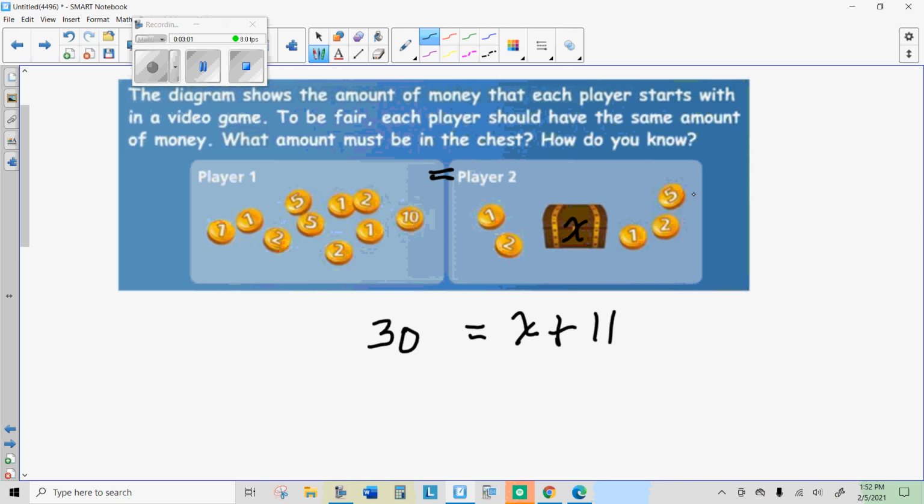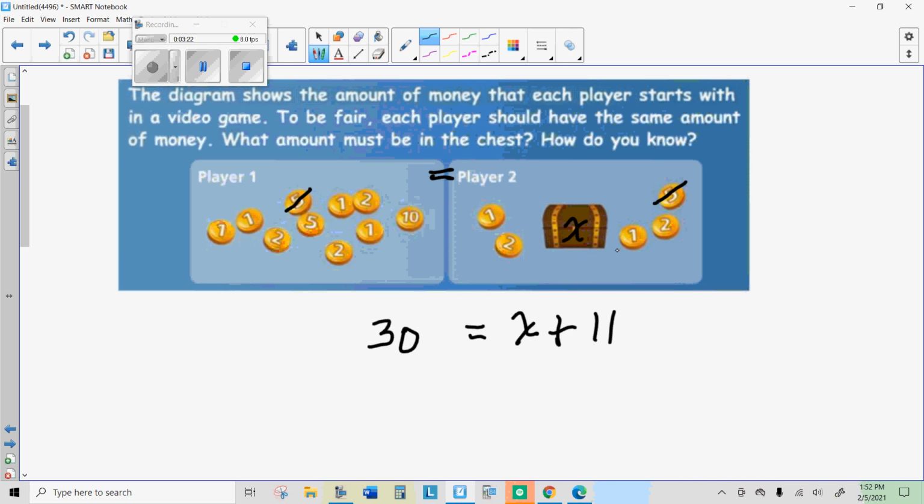If I were to take away a 5 piece from player 2, I would change the equation, right? But if I also took it away from player 1, it would still represent the same amount of money in the treasure chest, as long as I'm taking away the same amount from both.